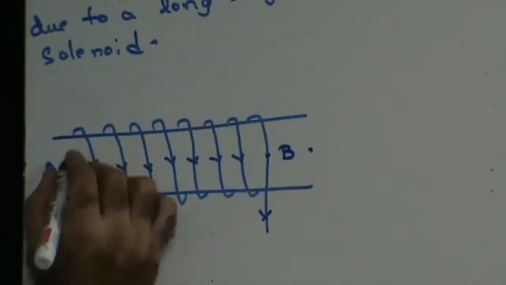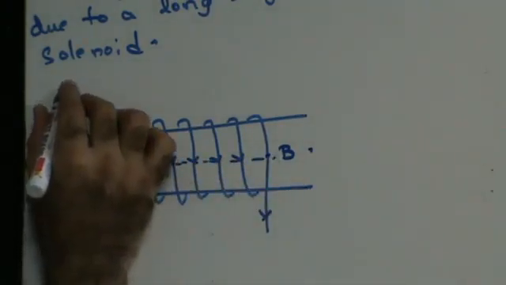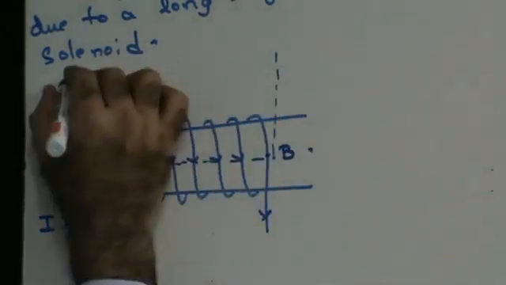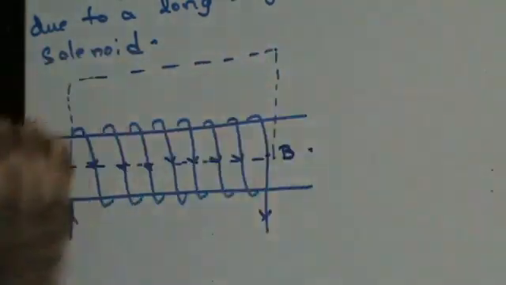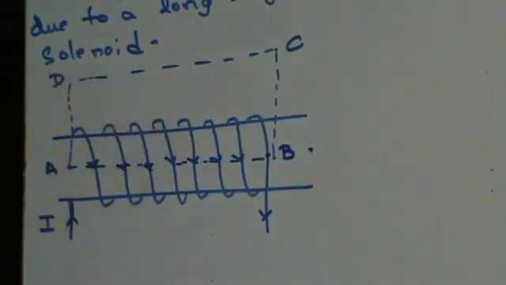This is going to create a magnetic field around it. Let's consider this as C and this as D, right? So let us consider a very long solenoid.